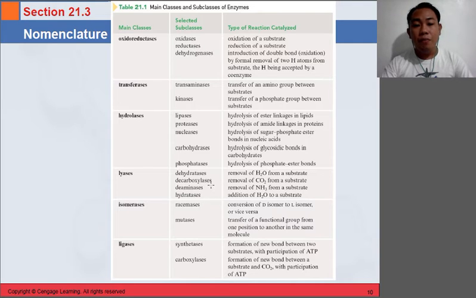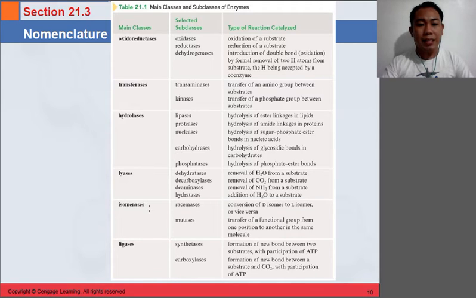We have the decarboxylases, the removal of carbon dioxide from a substrate. We have the deaminases, the removal of the NH3, the amine group from a substrate, and the hydratases, the addition of water to a substrate.